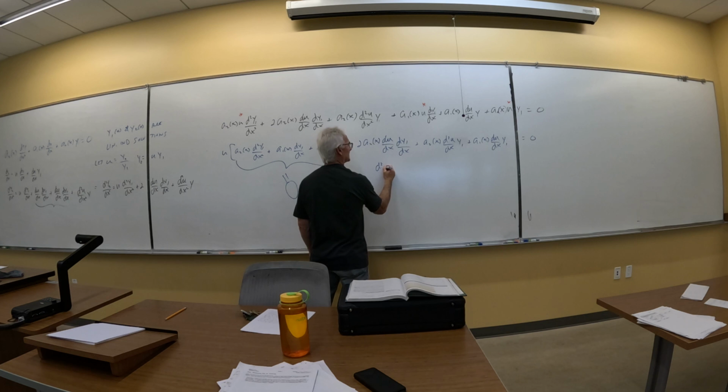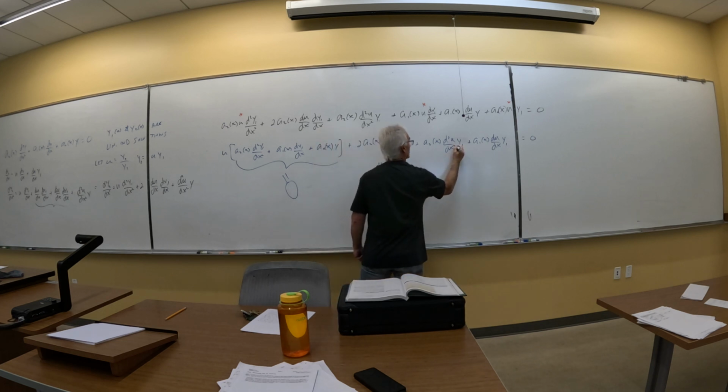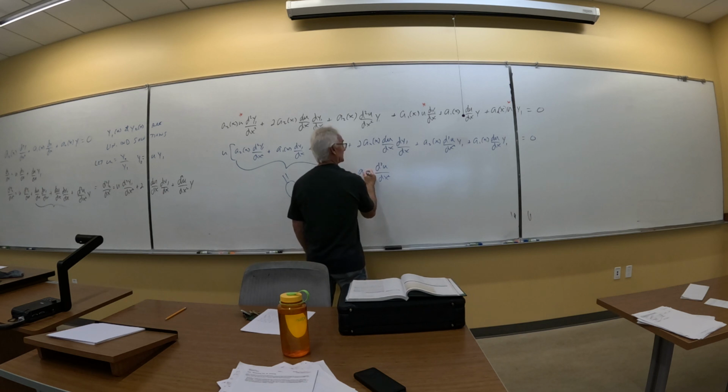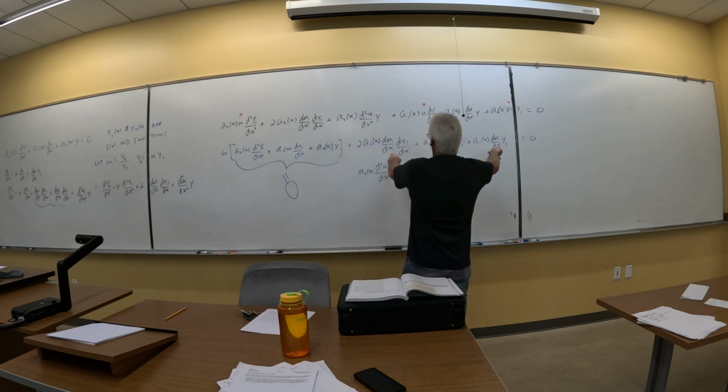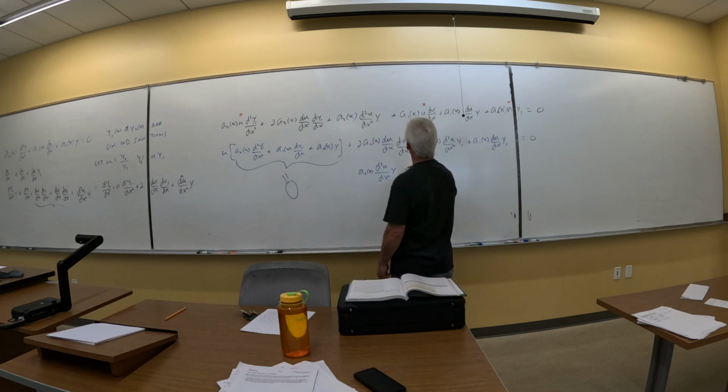We're going to get rid of the a's in a moment, but not yet. So we've got this a2 of x. We have two different du dx terms, right? So how about, let's see, how can I write that cleanly?